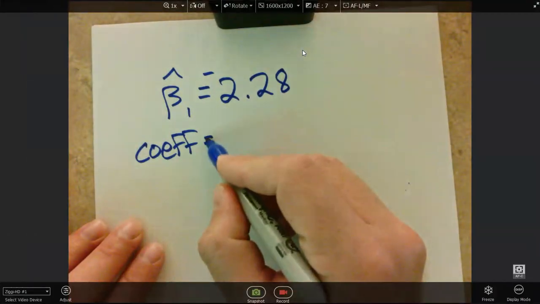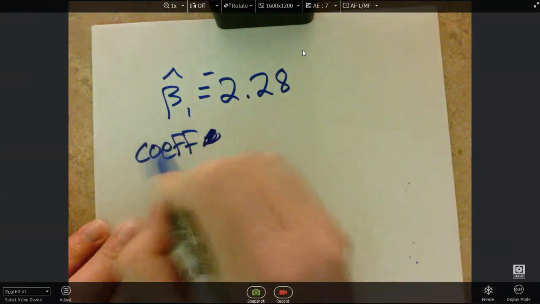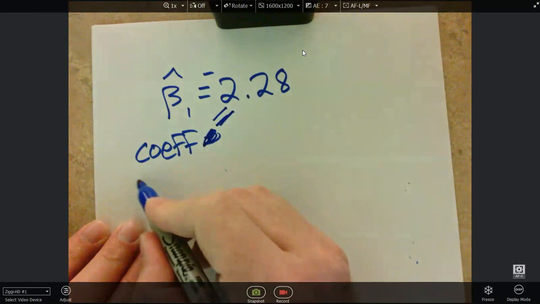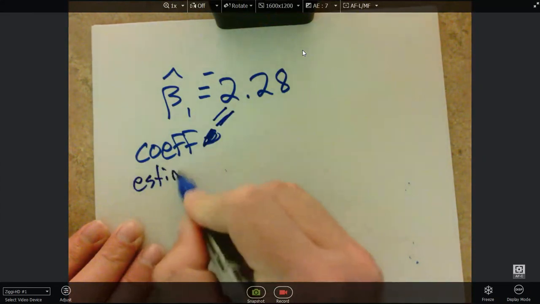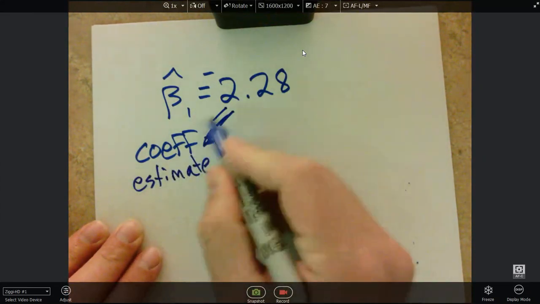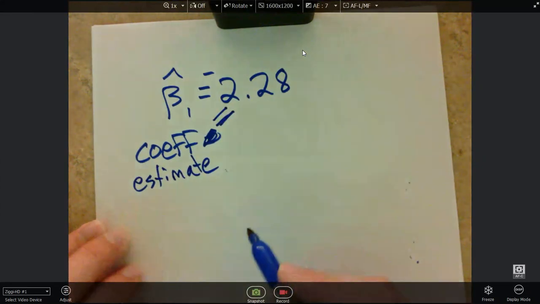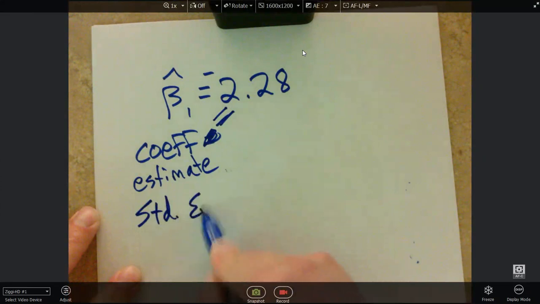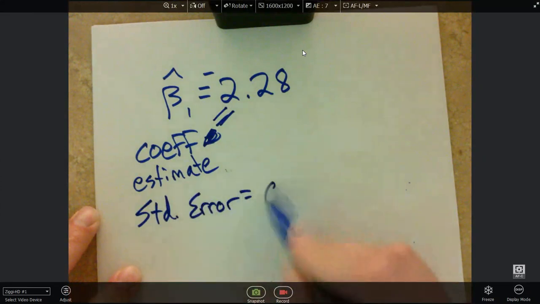Sorry, not the coefficient, this is the standard error. That's the coefficient estimate, the same thing as the beta 1 hat. And then we've got a standard error of 0.52.